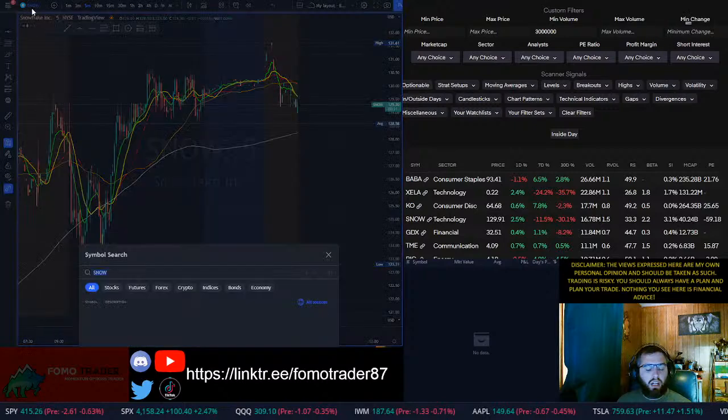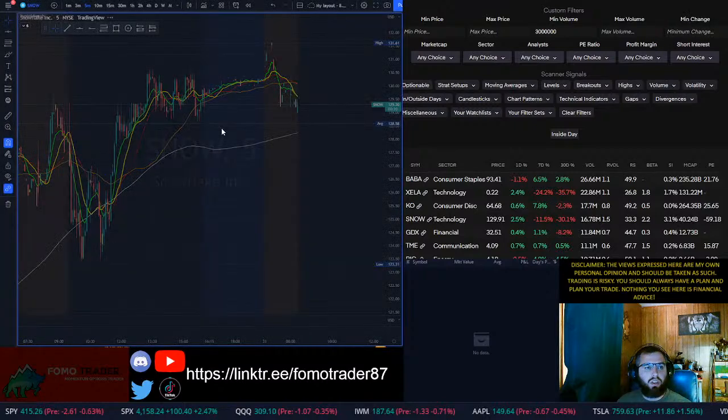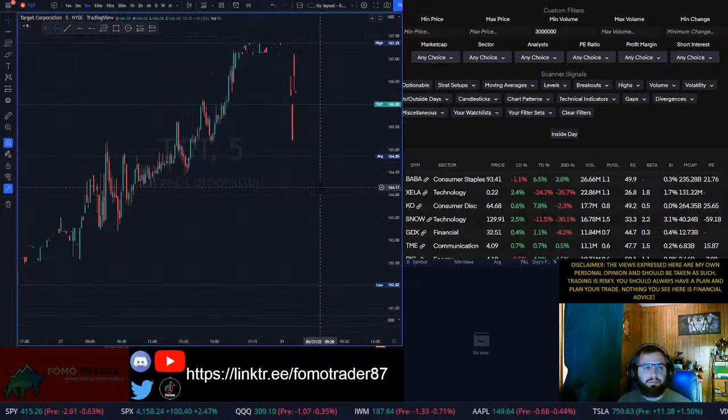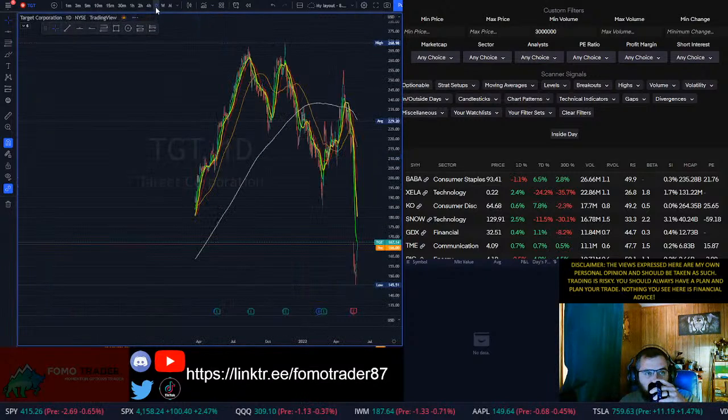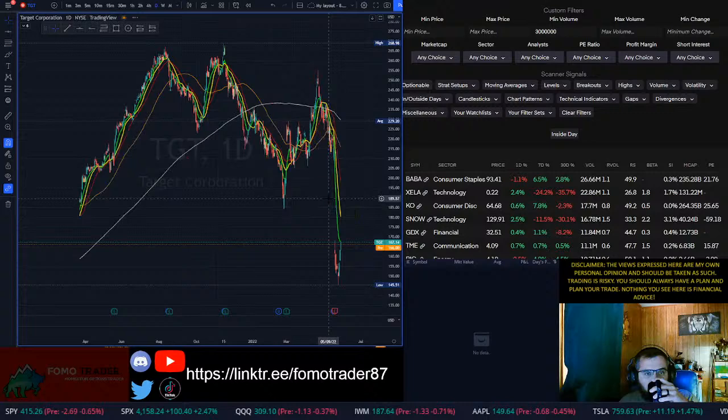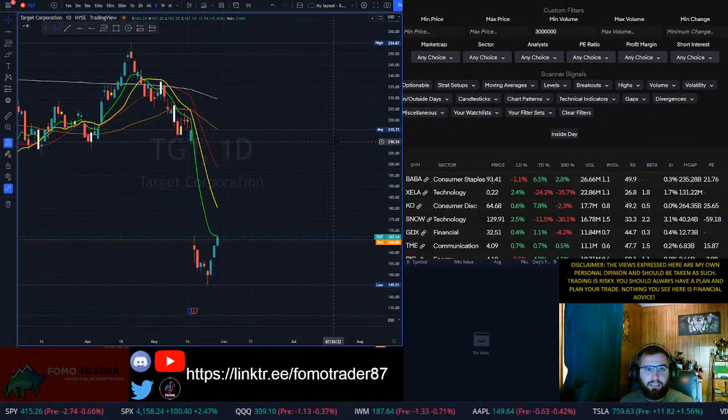So another one that I noticed was Target, which is not on this list. Looking at the daily time frame, we're approaching this huge gap up zone, and the price action is sitting right at the 8 EMA.